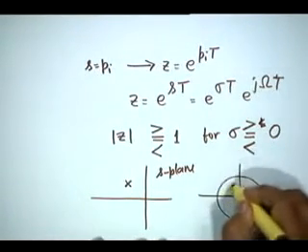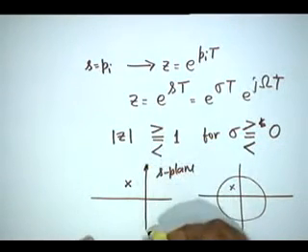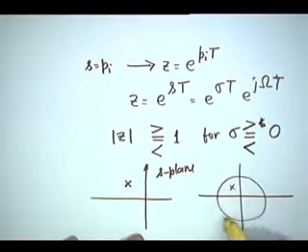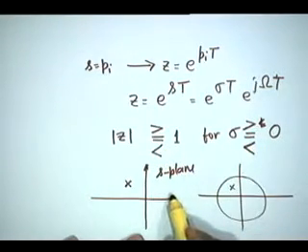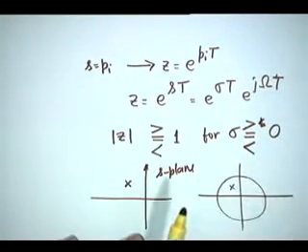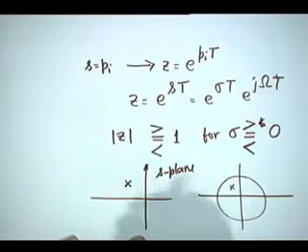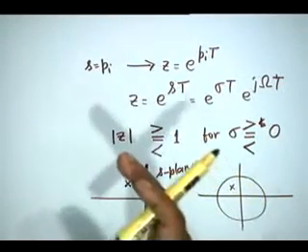The j omega axis transforms to the unit circle, and the right half plane transforms to outside the unit circle, and therefore our first criterion is satisfied, that is, a stable analog filter shall go over to a stable digital filter.